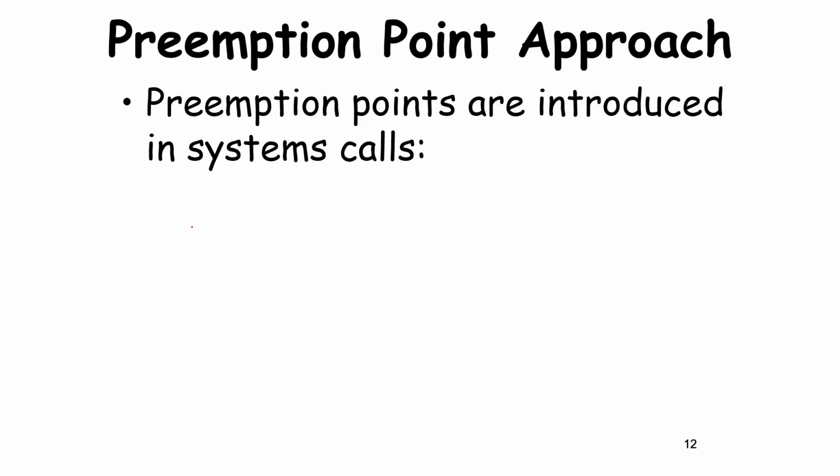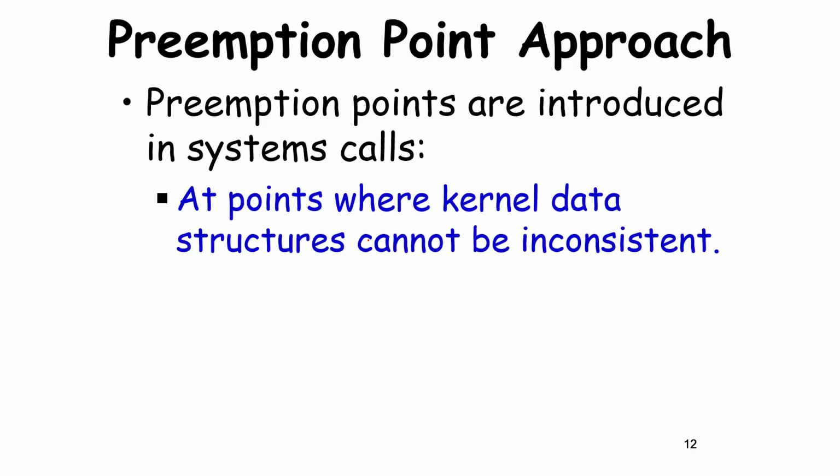Now we'll come to preemption points. Preemption points are essentially points that are introduced in system calls. This is where the kernel can be preempted. At these points, it is guaranteed that the kernel data structures are not inconsistent, so that is why we can preempt.